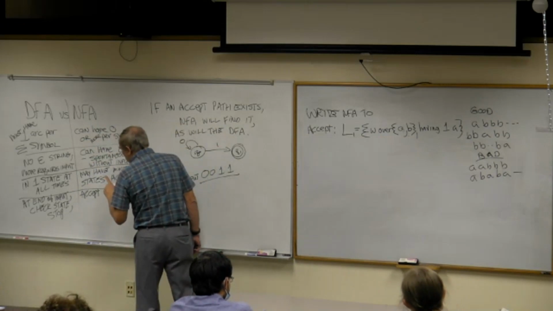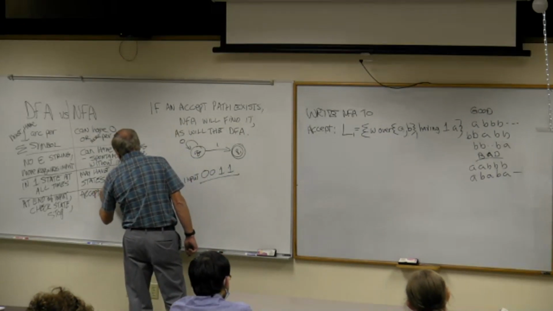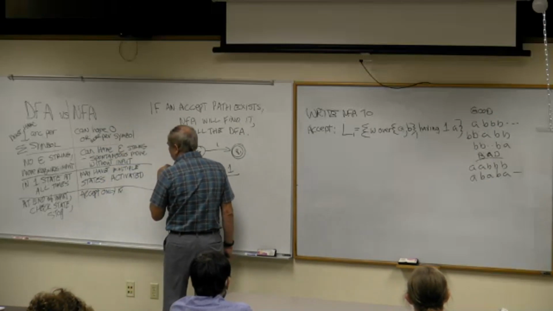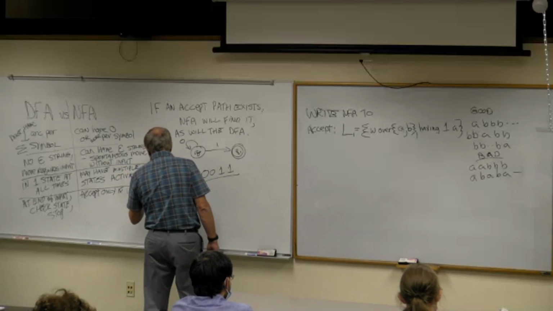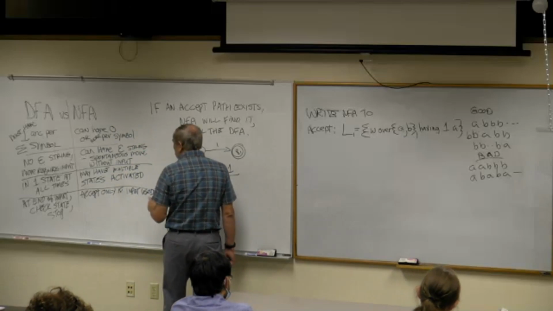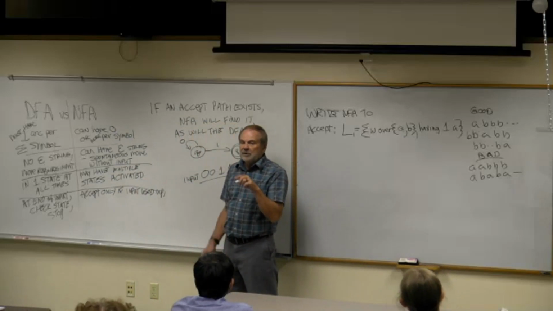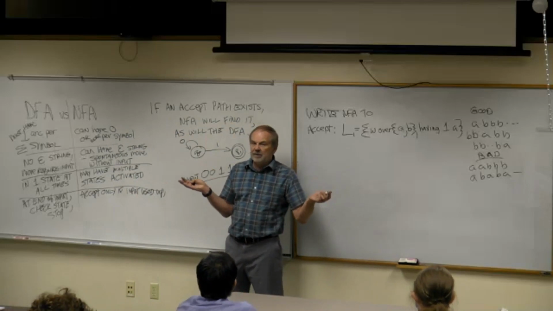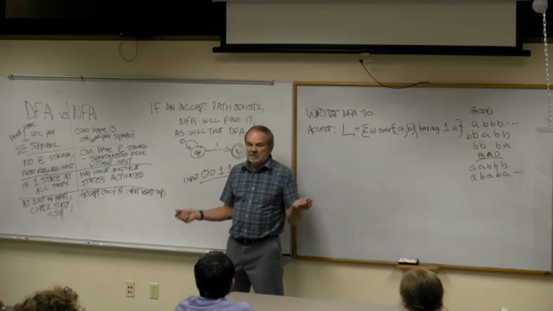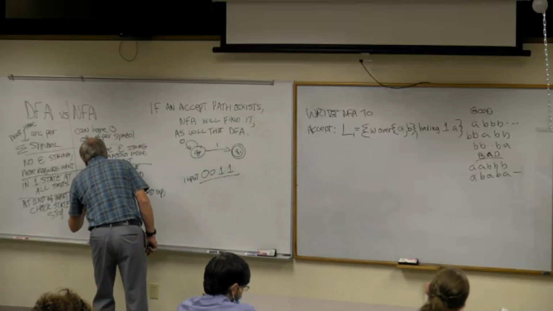We accept only if the input is used up, because you might not use up the input with an NFA. If there's no path to go, you never need a dead state with the NFA. It just stops and says, can't go any further. There's still input, doesn't matter, I reject.